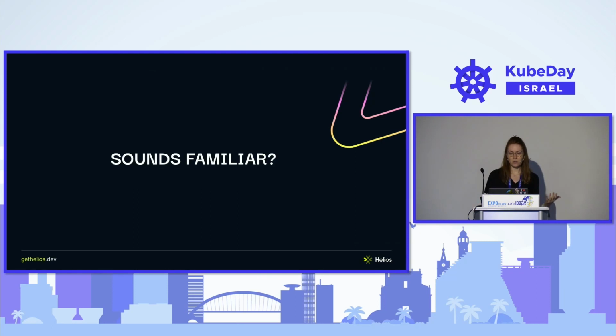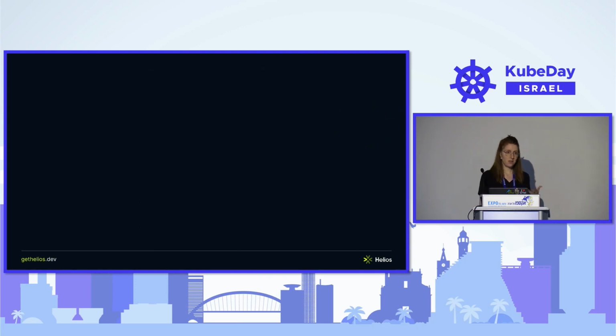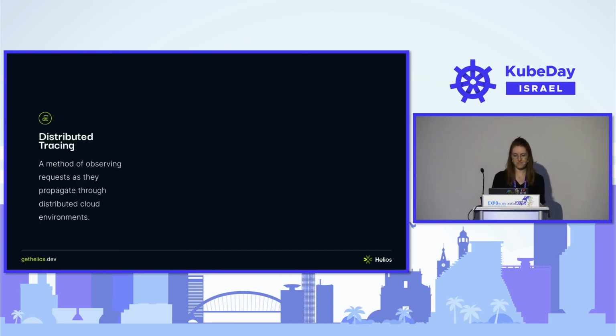So let's try to understand what happened there in Maya's system. And before that, let's go over some very basic concepts in distributed tracing, in case some of you don't know them or don't remember. So distributed tracing is the ability to track requests and flows through your system and through various components in microservices in the cloud.